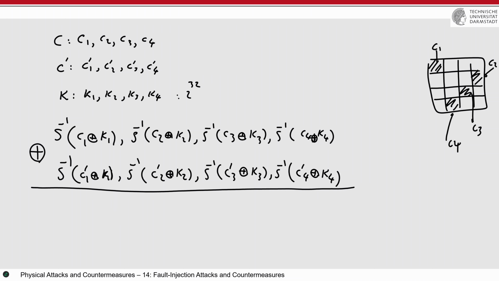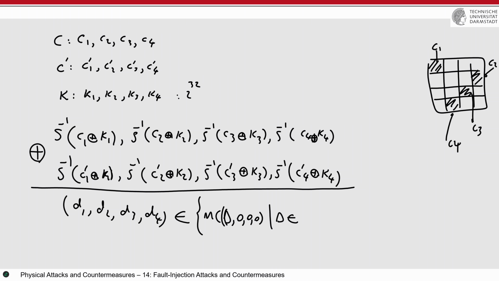What you get, let's say, D1, D2, D3, and D4. And then you check whether this belongs to a set of mixed column of delta and 0 and 0 and 0, in a way that delta belongs to what?